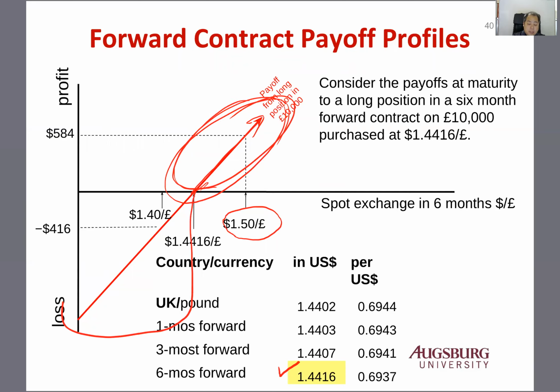If it is below that, then you're worse off. So that's the speculative use of a forward contract. You can also use the forward contract for hedging, because you can set this rate as your future exchange rate, so you don't have to worry and can just plan to use this foreign currency. So that's the hedging way, but you can also just speculate using these payoffs.